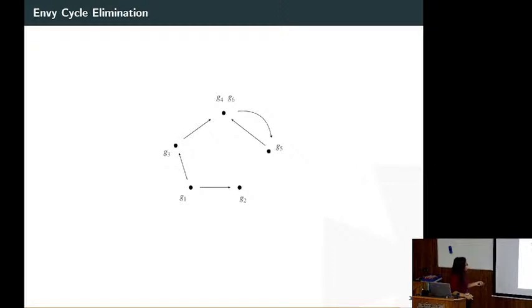Can you see that it will give us an EF1 allocation? This is the main thing to argue, right? Why would we do all this if it does not guarantee EF1? So what did we do in this algorithm? We just always allocated something to a source. Nobody envied the source.